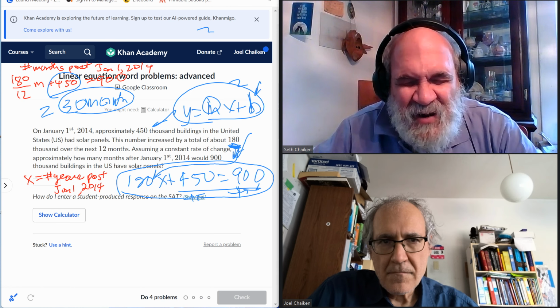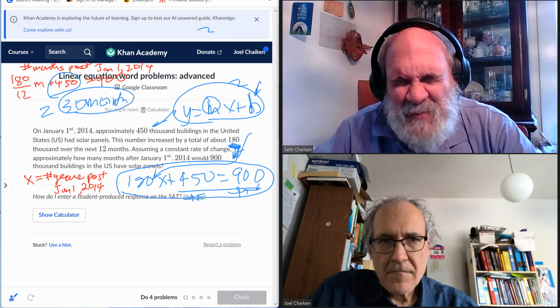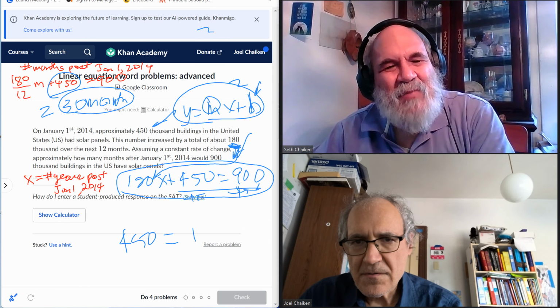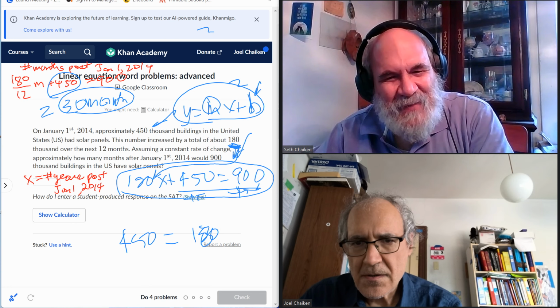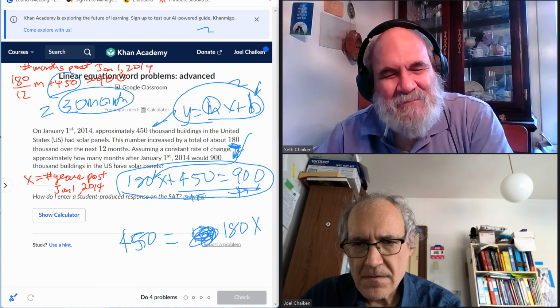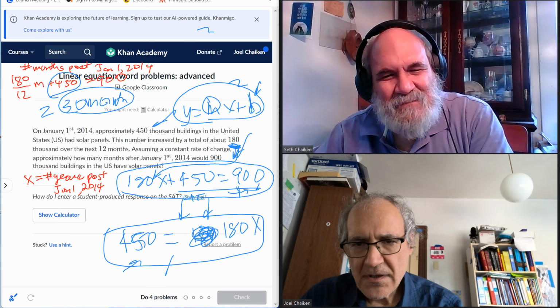From 450 to 900 is, of course, 900 minus 450, which equals 450. Right. So 450 is equal to 180x, if x is in years. Right. This is a really good way of doing it.